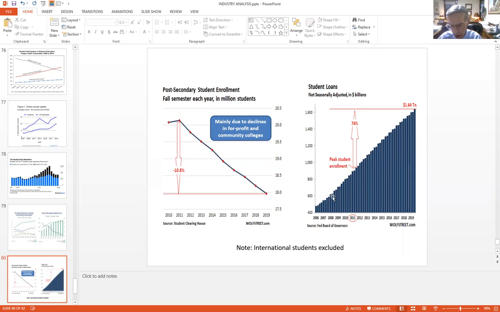But what also has happened is that the portion of student loans has really picked up. Peak enrollment occurred here in 2011, but the amount of student loans continues to climb.